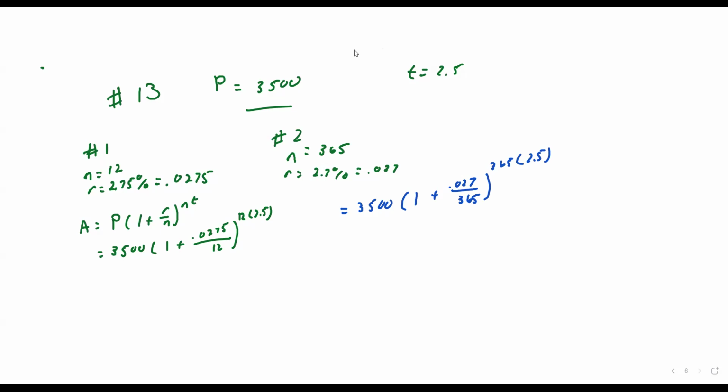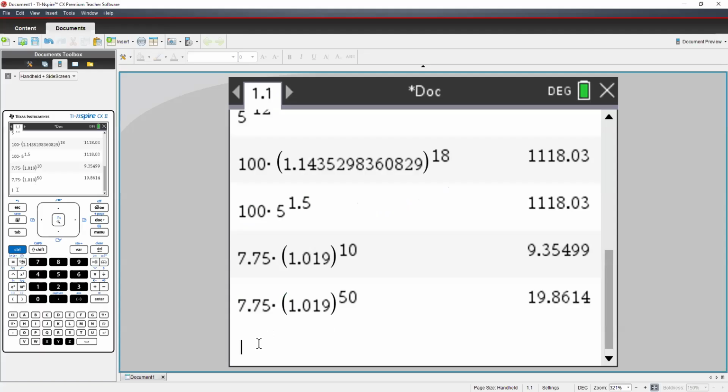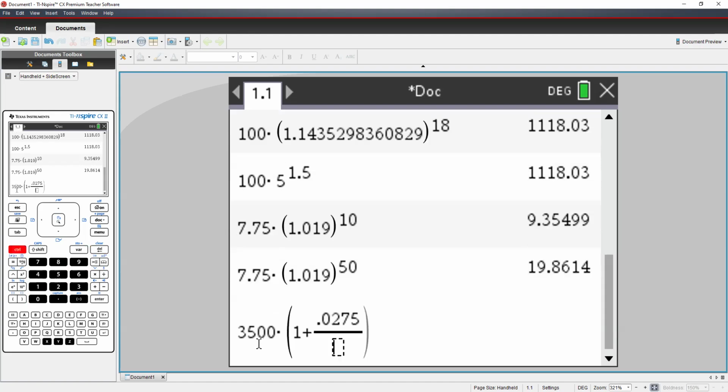All right, so here we go. We go to our calculator. All right, and that was 3,500 times, I'm just going to keep it all together as 1 plus, so I got to do the math as well. 0.0275. I like to do control divide to make it look like a fraction. There we go. 0.0275 divided by 12.